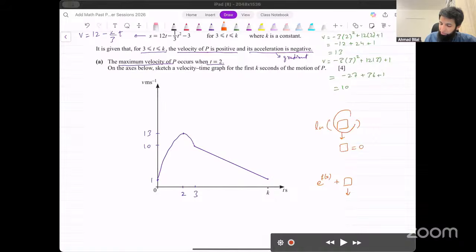For log function, you put this equal to 0. That will give you x equals something. For exponential function, the number that you've got here, that's the horizontal asymptote. Okay. Then you find the x-intercept, y-intercept, and make a graph based on that.